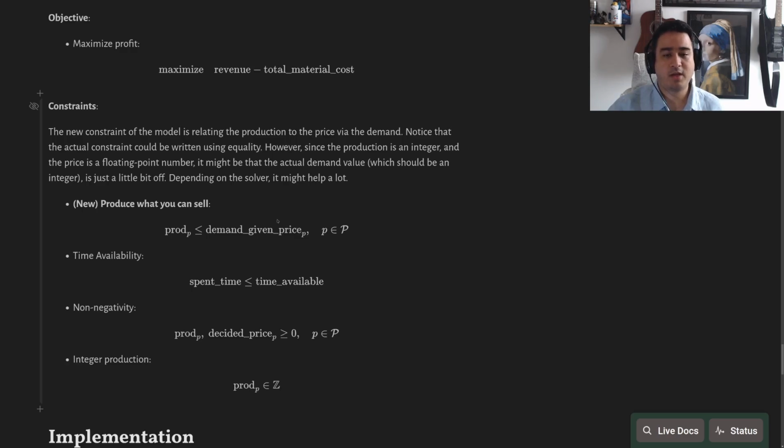One important thing here is that since we are maximizing, we are, in theory, always having an equality. The production will always be equal to the demand. Why is that? Let's say the maximum production is 4 and the demand is 5. Now the demand is actually given the price. So if I'm only building 4, which is the only thing that I can build for some reason, I can increase the price, so I can decrease the demand, so the demand is 4.